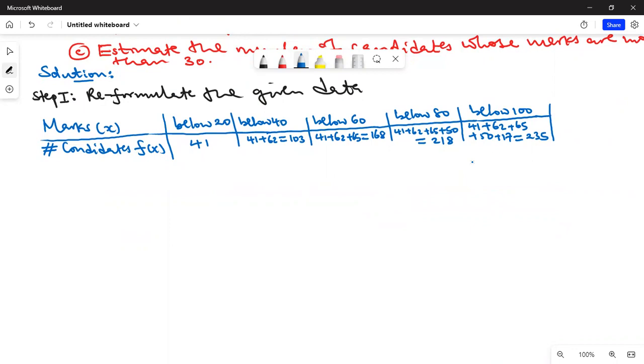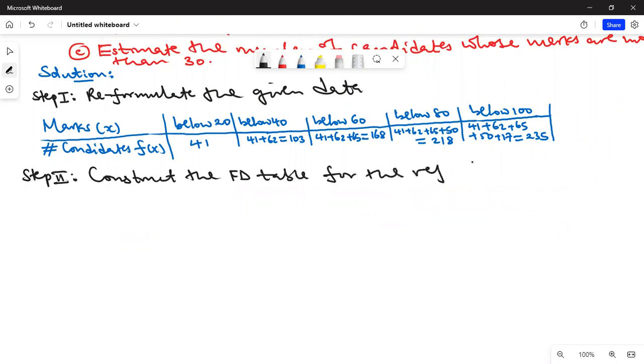So the next step, Step 2, is to construct the finite difference table for the reformulated data.